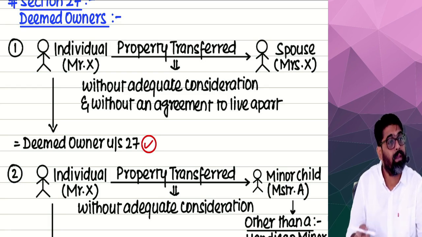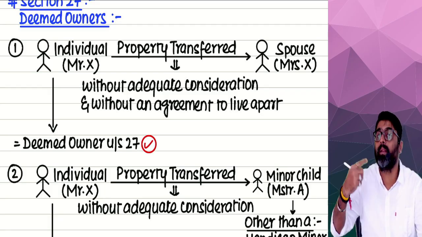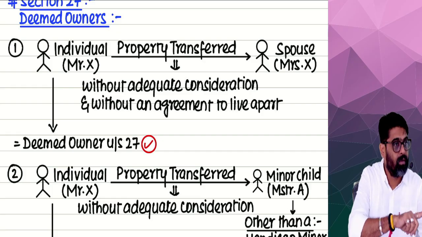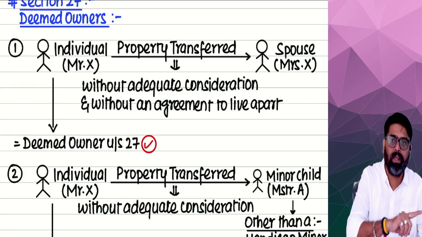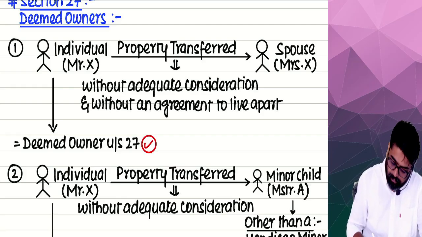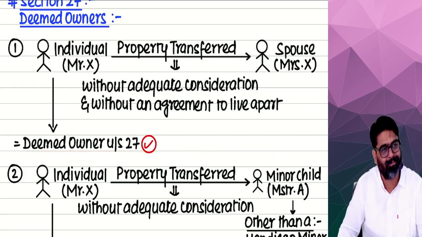Yes or no? And the income of that property will not be taxable in the hands of the spouse, it will be taxable in the hands of the transferor individual, because he is treated as deemed owner. Yes, sir? Now, to save yourself from this, what can you do?